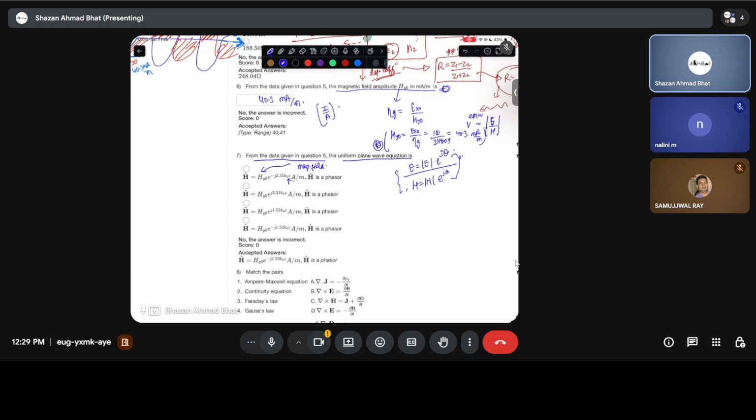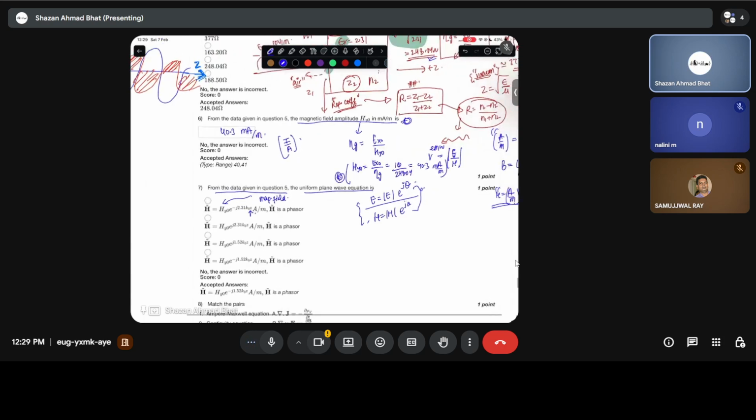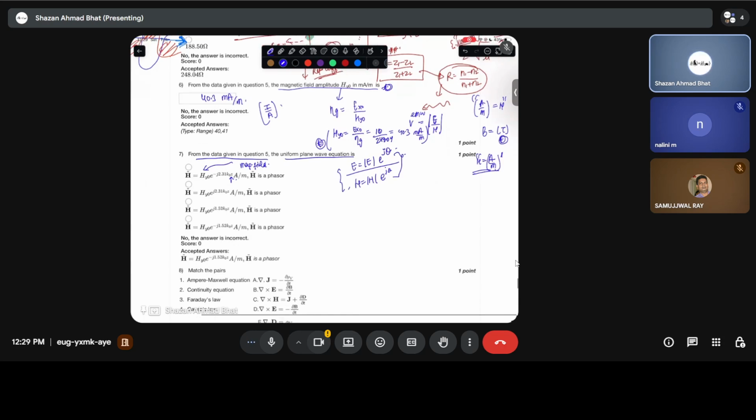And you need to find what this will be. For example, H will be some magnitude of H, which is the amplitude of the magnetic field, then e to the power minus j. What is this theta?